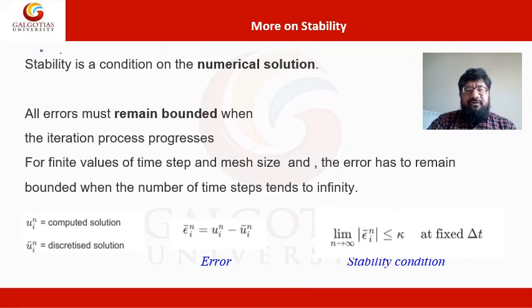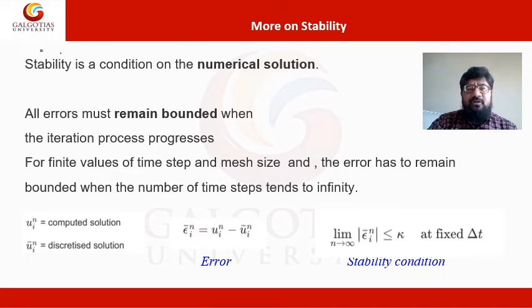So we will talk more on stability, and there will be a whole lecture on stability. Stability basically is a condition on the numerical solution strategy. Whatever finite differencing strategy, backward, central, or forward, we employ, that may not guarantee a solution.